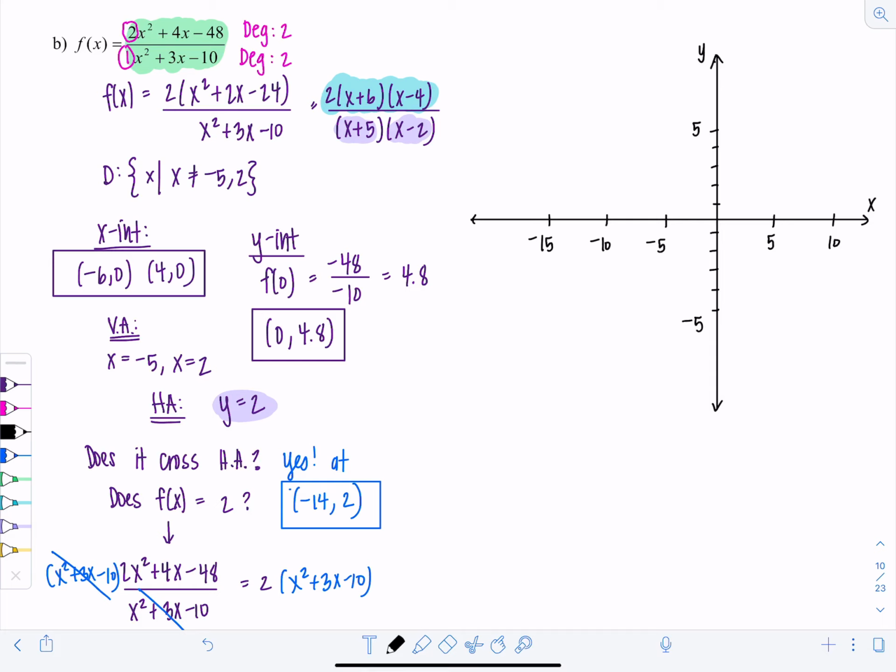It's your world. Okay, let's put those asymptotes down. So we've got vertical asymptote at x equals negative 5 and positive 2. So here's x equals negative 5. And then x equals positive 2. Maybe that's right around there. And then horizontal asymptote is at y equals 2.